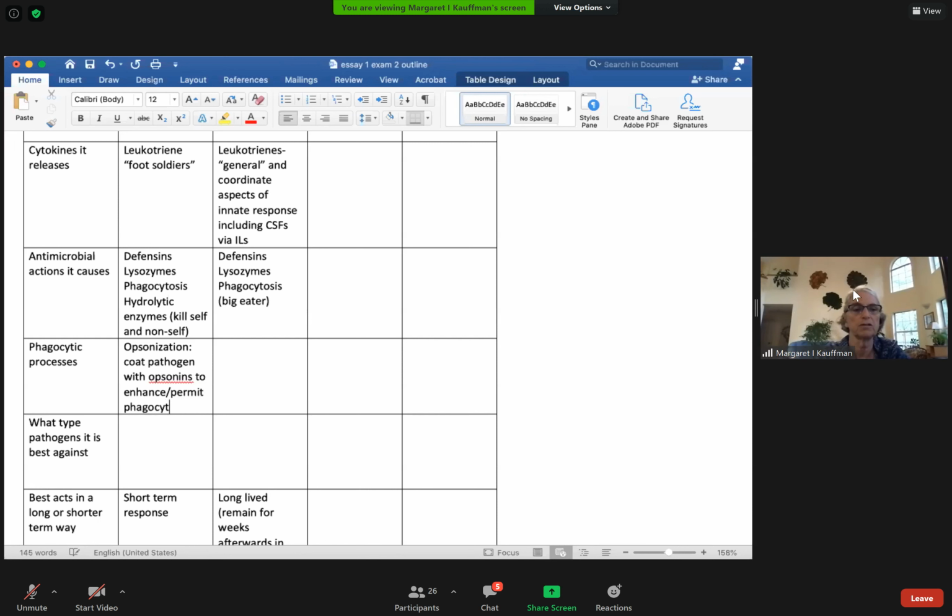And I'm going to add enhance / permit phagocytosis. So what happens in our war with microbes is that microbes have PAMPs on the outside, and they can't help but have those things because they're mostly structural for them, and so it's very difficult for them to evolve into not having those PAMPs.